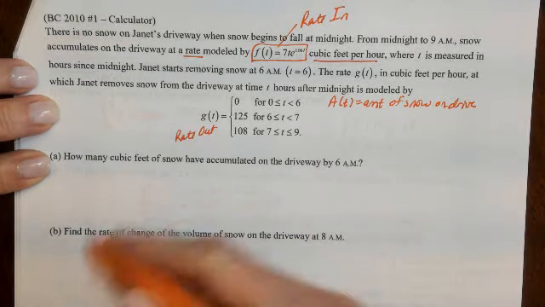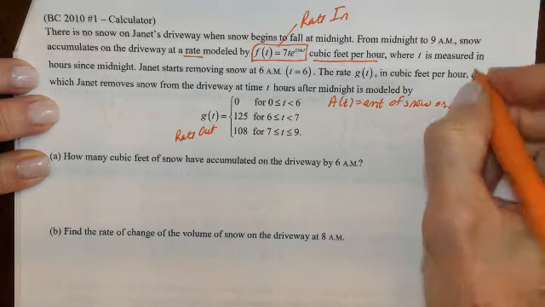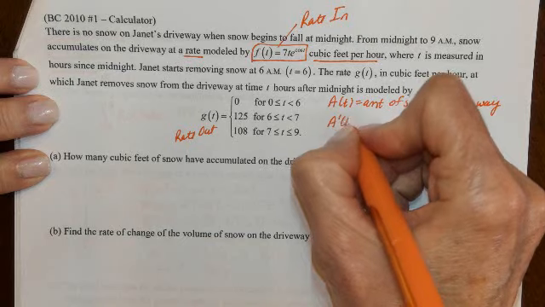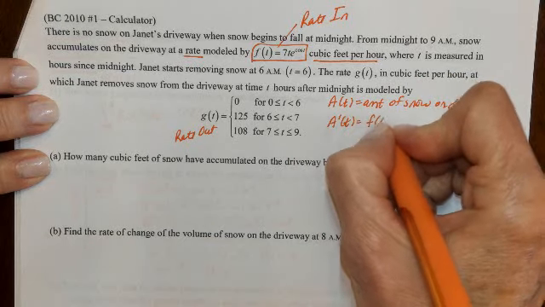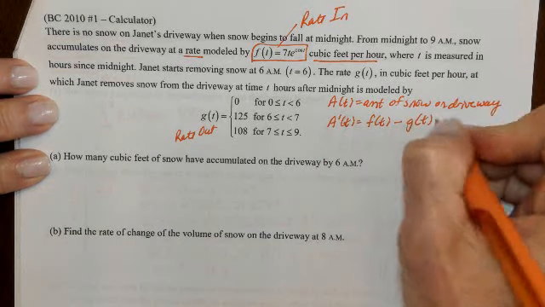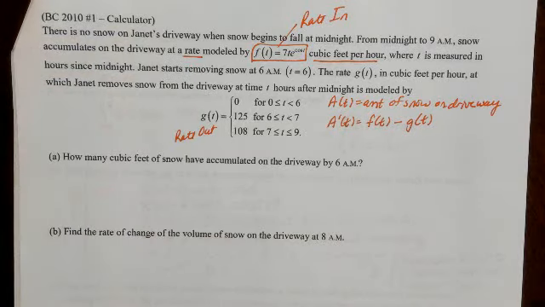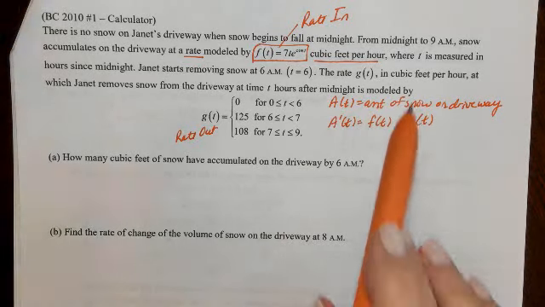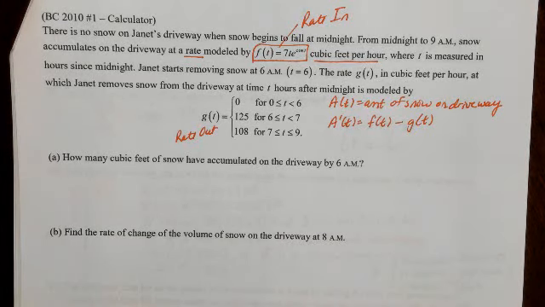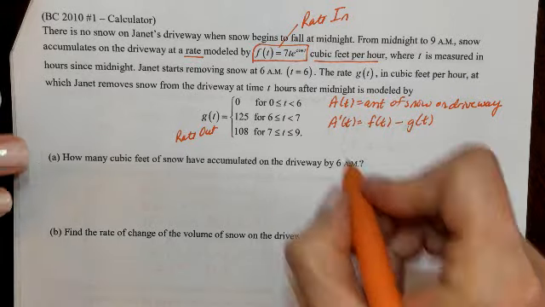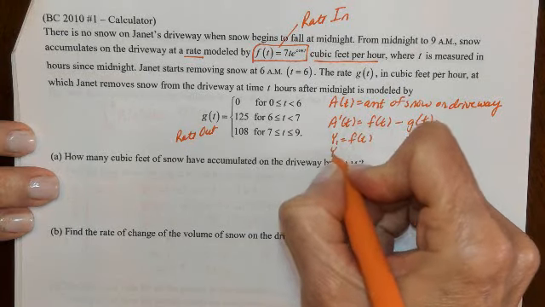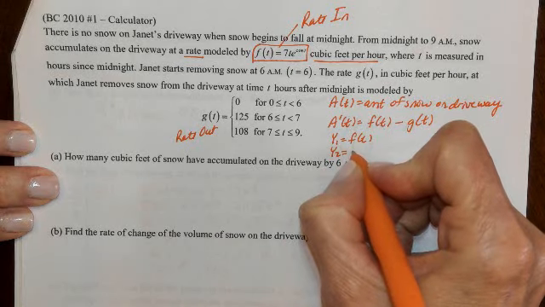I will write it down here when I need it, okay? This is, if A is the amount of snow on the driveway, then A prime will be rate in minus rate out. And I know that G is a little piecewise function. I know that's a little confusing to you guys, but if we take this just step at a time, steps that we know, we can get through this problem, okay? So in my calculator, I will let Y1 be my rate in. I will let my Y2 be my rate out.